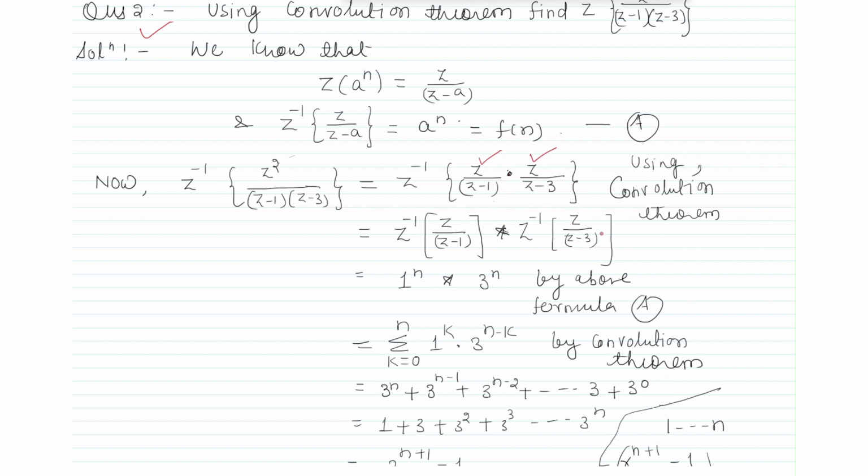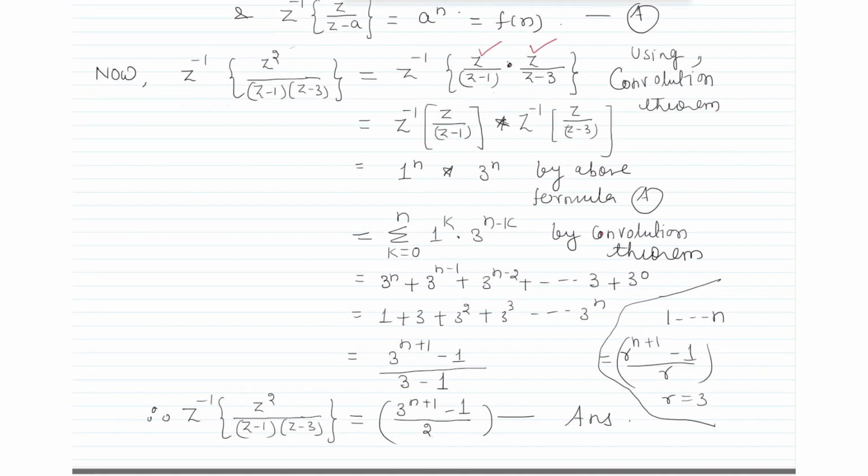Now just use the standard result and find the z inverse transform of this. So this is 1 to the power n and this is 3 to the power n, from the formula already written here, z inverse of z upon z minus a is a to the power n, and this is a function of n.